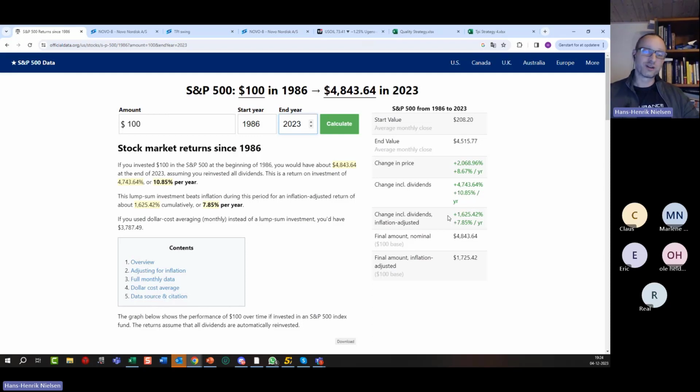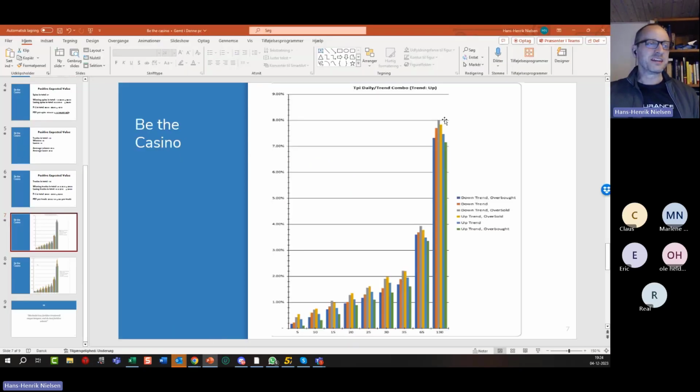We will of course collect a lot of dividends if we use the strategy and hold it for 6 months, but we're not counting them in here. So let's have a look at the S&P 500 without dividends. That has yielded 8.67% on average per year since 1986. When we're looking at the stats here, these around 8% is what this makes every 6 months.